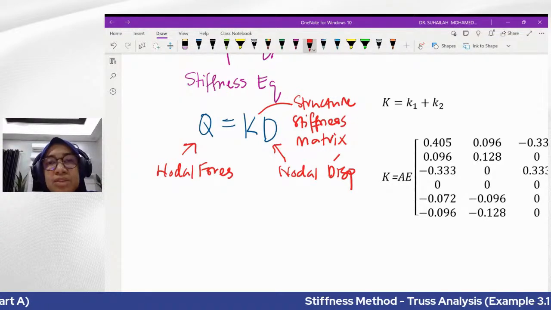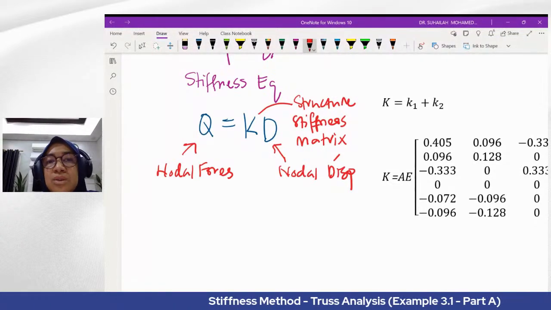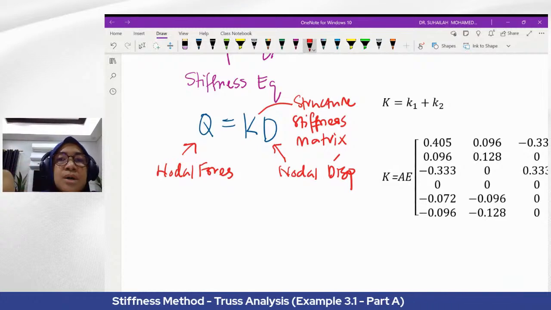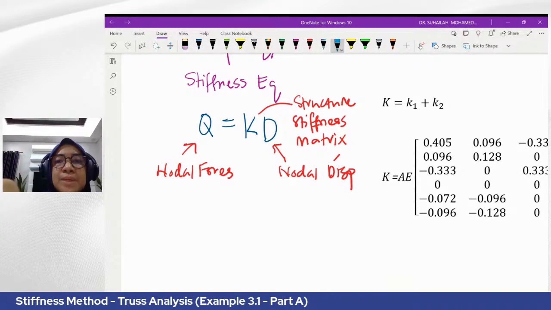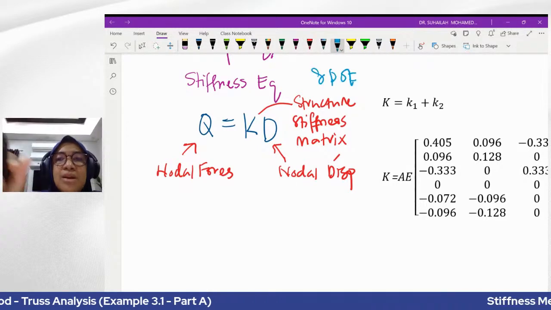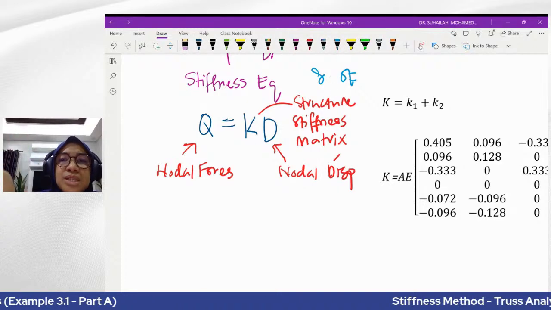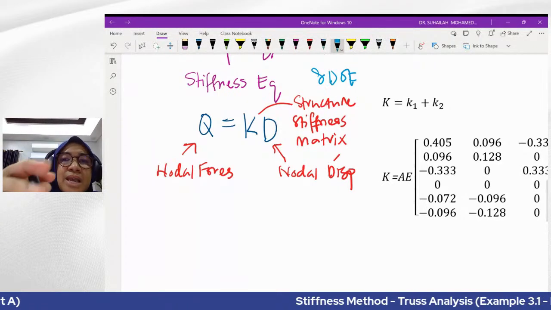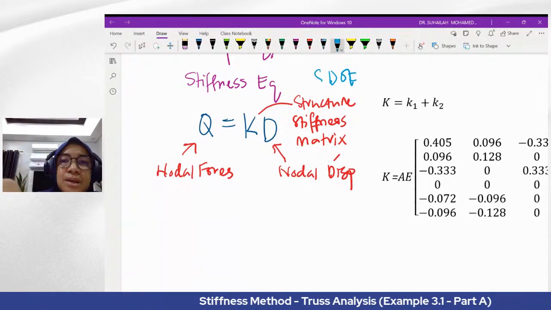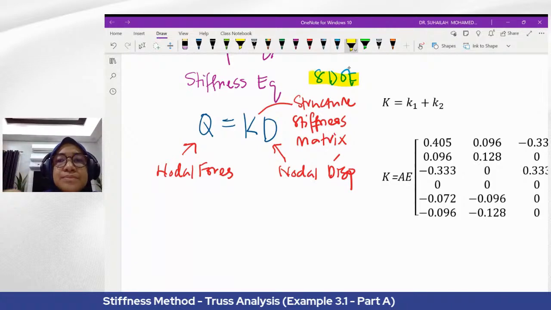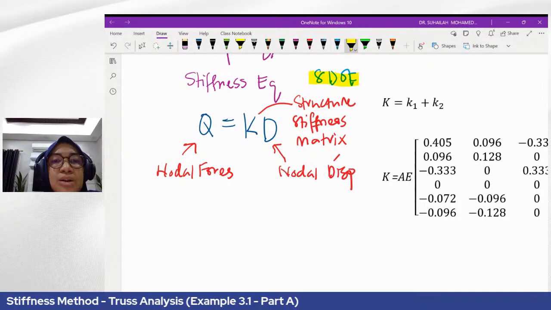Based on 8 positions, which is 8 degrees of freedom.